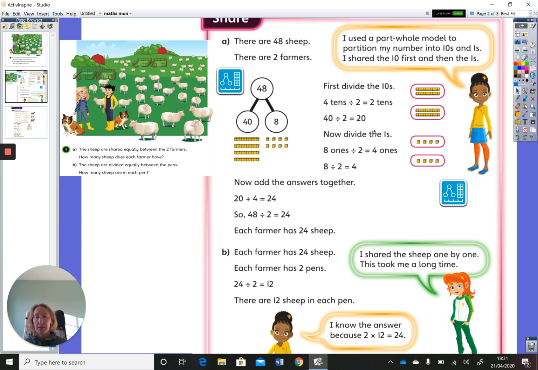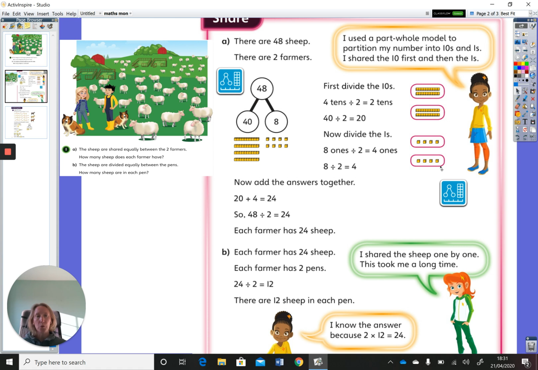So that's our tens, and now we need to look at the ones, and we've got 8 ones, okay? We still need to divide the ones by the 2 farmers. So 8 ones divided by 2 is 4 ones. So they each get 4 ones.